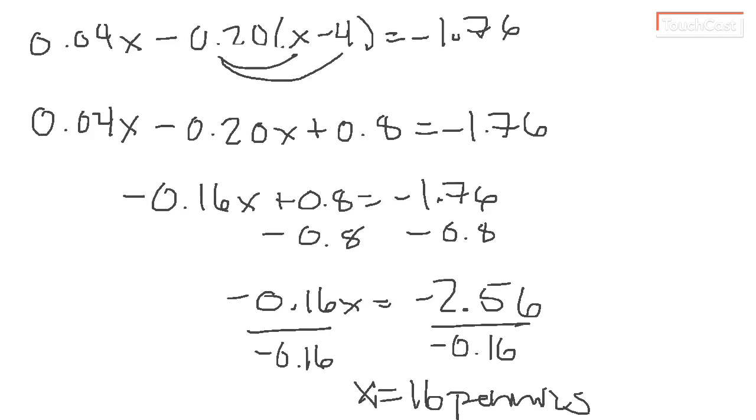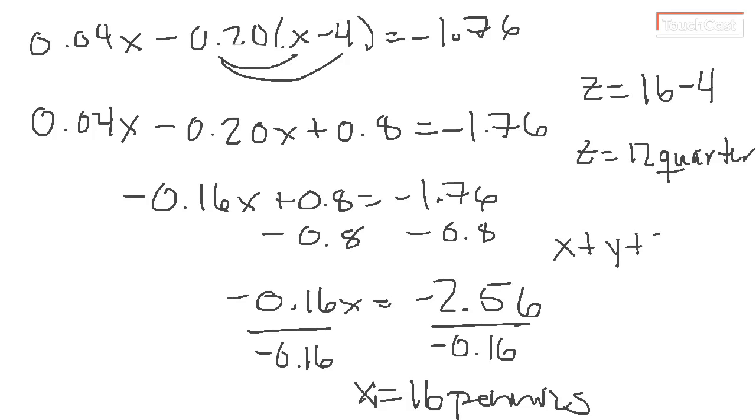Now we can figure out the number of quarters, because we know that the number of quarters is equal to the number of pennies minus 4. So 16 minus 4 means we're going to have 12 quarters. So if we've got 12 quarters and 16 pennies, we know that the number of pennies plus the number of nickels plus the number of quarters is equal to 33.